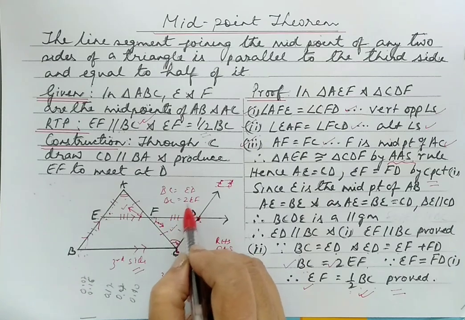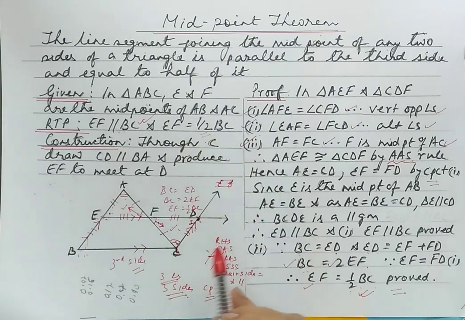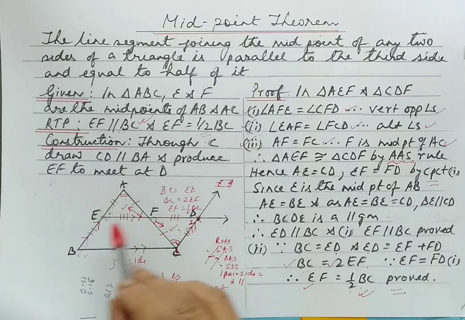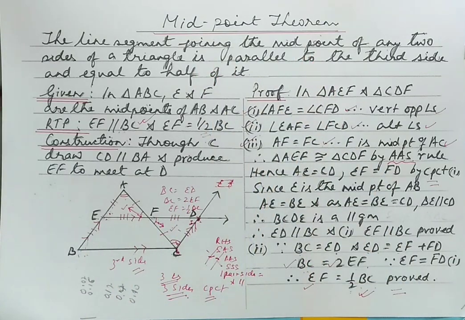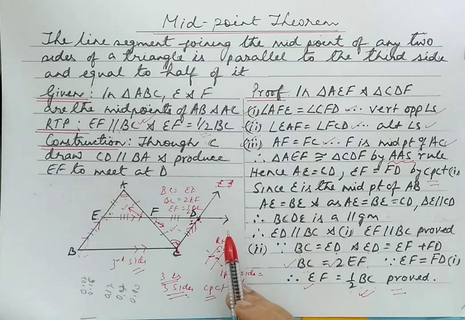So which means EF is equal to half BC. Got it? This is how we prove it, isn't it? This is the whole thing. The Mid-Point Theorem is not difficult, just that these are geometrical properties which you have to know, to be able to crack several more complex riders that you will be doing in future.